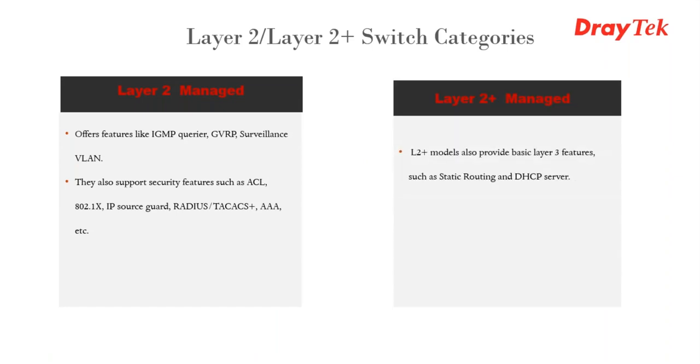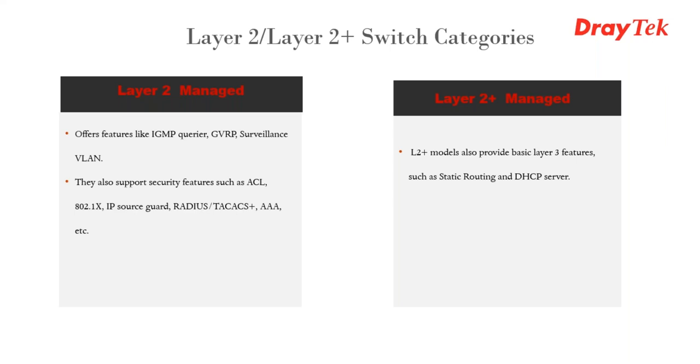We've now come to the top switches that DrayTek offers, which are the Layer 2 and the Layer 2 Plus switch categories. The Layer 2 managed switches offer features like IGMP querier, GVRP, surveillance VLAN, and so on. They also allow the administrator to set up a secure environment with features such as ACL, RADIUS authentication, source IP guard, and so on.